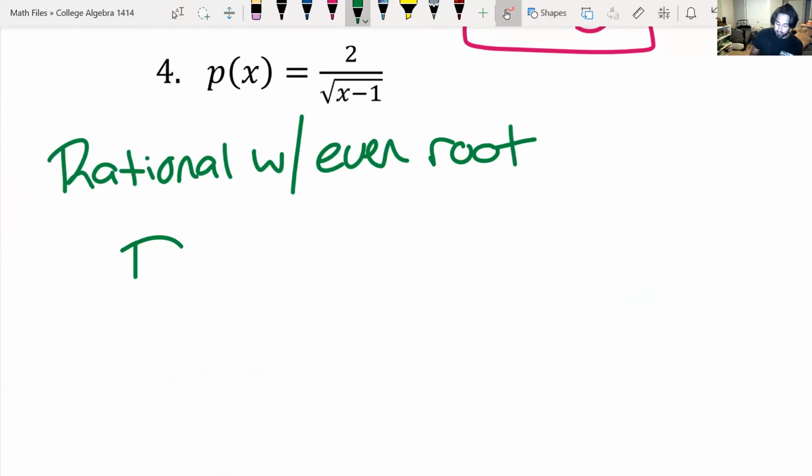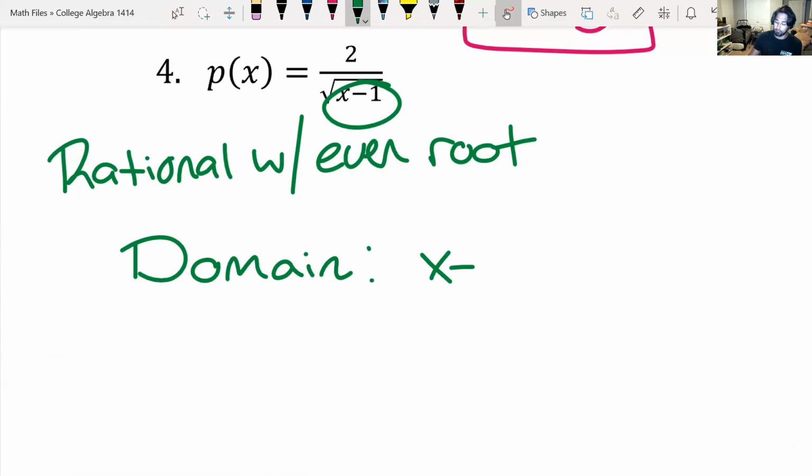So, to find the domain of this, we'll take whatever's inside the house, x minus 1, and this time, it's going to be a little bit different from the one above it. We only set it greater than 0.